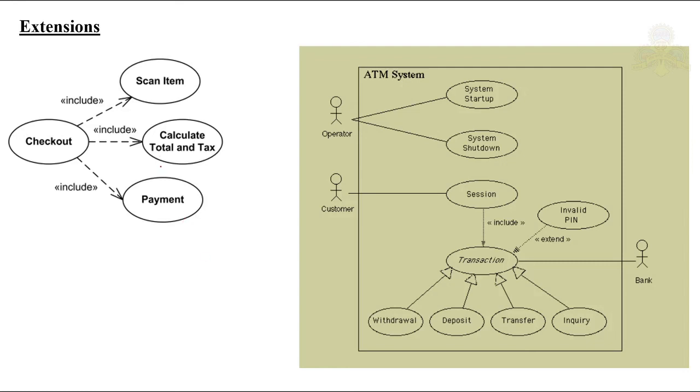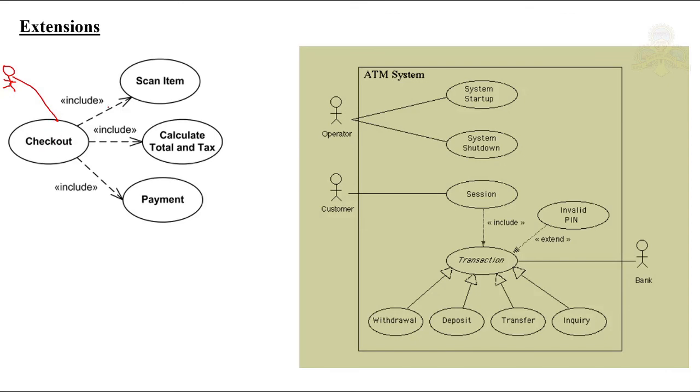This is an example for your supermarket. Suppose you have purchased some items, and then you finally go for billing. While billing, at checkout, they scan the item, then find the total and tax, then you do the payment. So this checkout is one use case. Here a customer, an actor, is there, and what he does is check out.